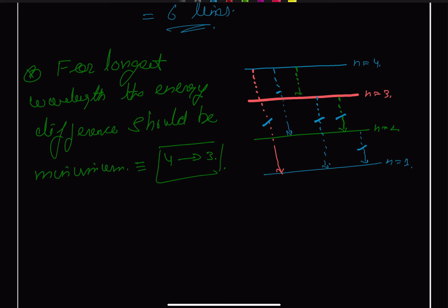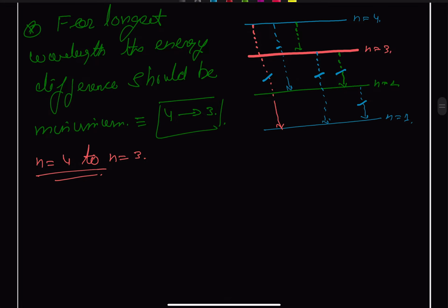And we can use our value of n. We already know it, let me write it, value of n is our 4, and it goes to value of n is equal to our 3. We can use the Rydberg formula.